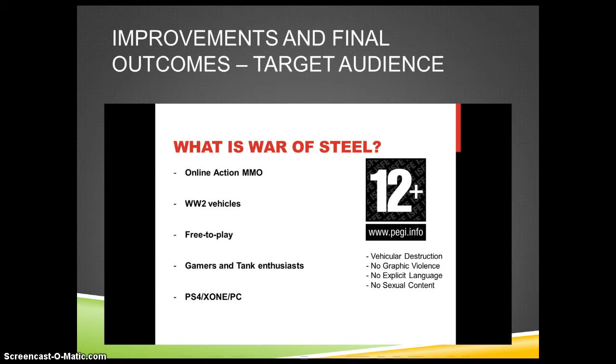And this gives the audience a more detailed idea of what the target audience is, the age group of the people that play my game. So that's how I've improved on the target audience in my project.